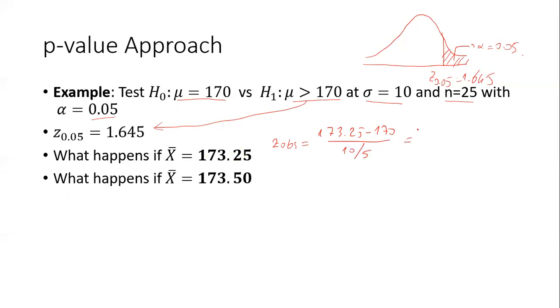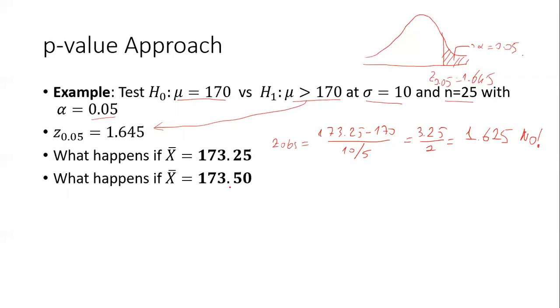So this is equal to 3.25 divided by 2, which is equal to 1.625. Do we reject the hypothesis? Well, no, because it's not greater than the critical value z sub 0.05, so we don't reject the hypothesis.